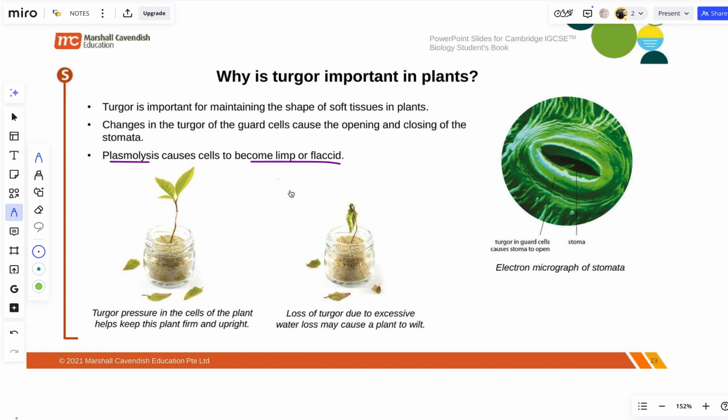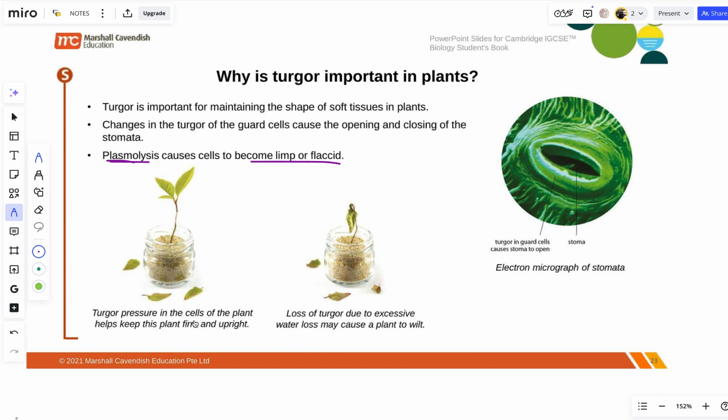So that process where it becomes shrunken and limp is called flaccidity. The process is known as plasmolysis. Flaccidity leads to plasmolysis. You need to know this in the exam. You need to be able to explain plasmolysis and turgidity in the exam.